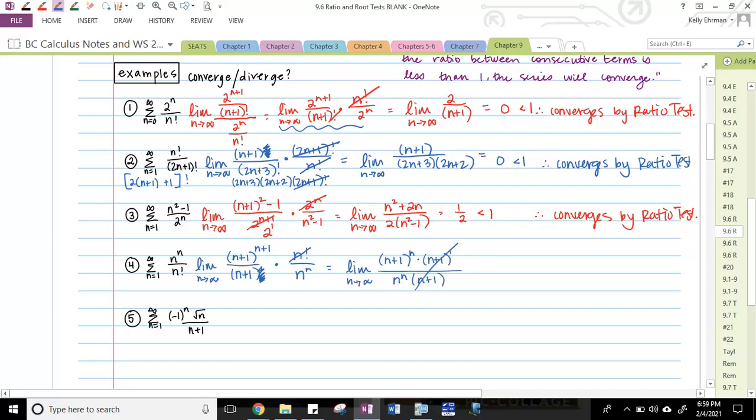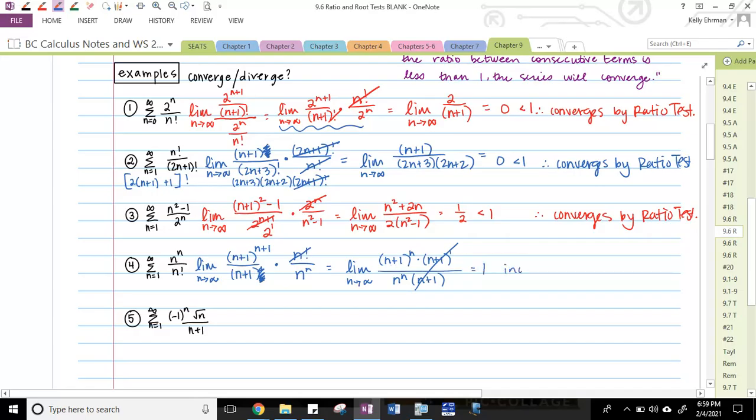Those n plus 1s cancel out, right? But now I have (n plus 1) to the n over n to the n. That is a tie, right? As you get out toward infinity, this plus 1 is awfully insignificant. So I pretty much have 1.